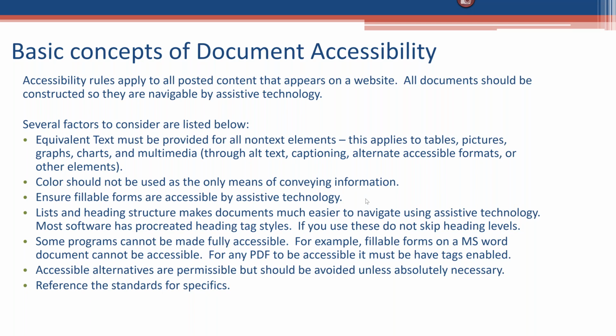Lists and heading structures make sure documents are much easier to navigate using assistive technology. Most software has pre-created heading tag styles. So if you use these, remember that they're not just aesthetic. If you click heading 1 from a Word document menu, it will add those heading tags I was referring to earlier.